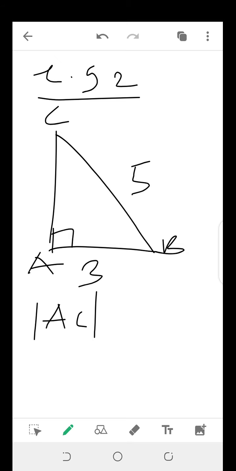From the previous tutorial, we know that if you want to find any side using the Pythagoras theorem, we say the longest side, that's the hypotenuse, square should be equal to the sum of the squares of the other sides.